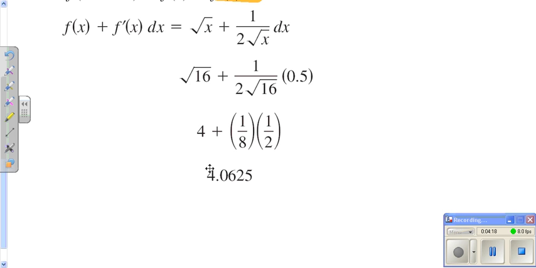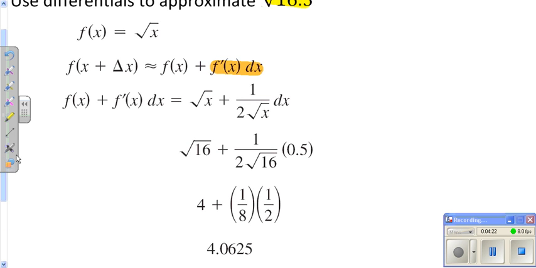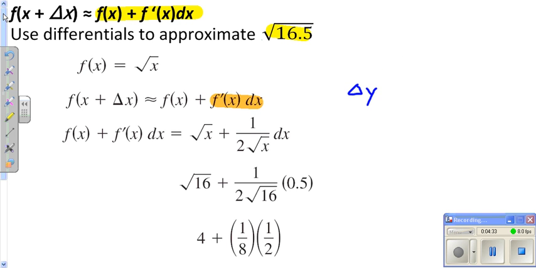Now, there may be times where you're also asked to find a delta y. If you're asked to find delta y, what you would want to do is look at the change in your y values. Well, we had put 16 into our function and we got out 4.